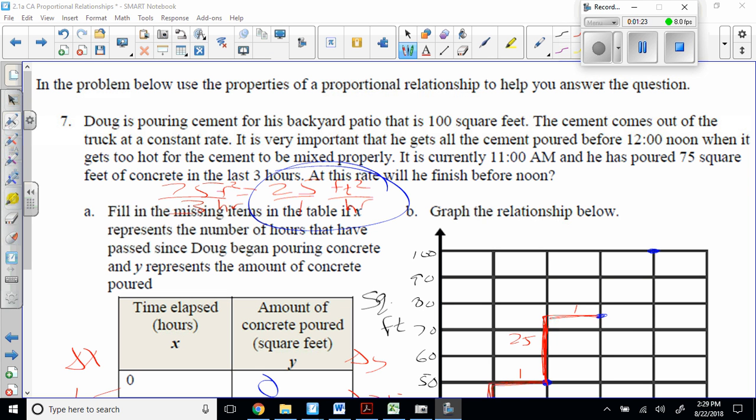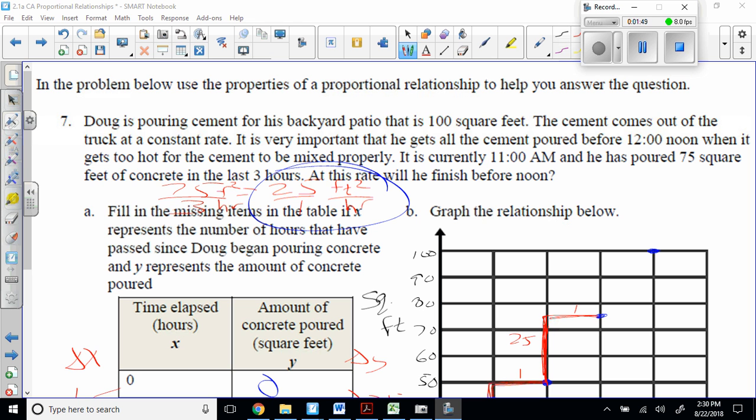It's also a special rate that you need to know because look at the denominator. What is the denominator, guys? 1. Anytime your denominator is 1, it is referred to as a unit rate, right? A unit rate. So, not only is it constant proportionality, it's also a unit rate.